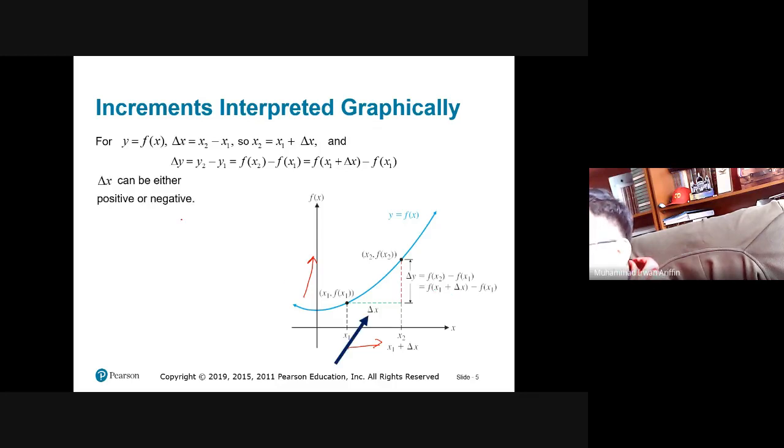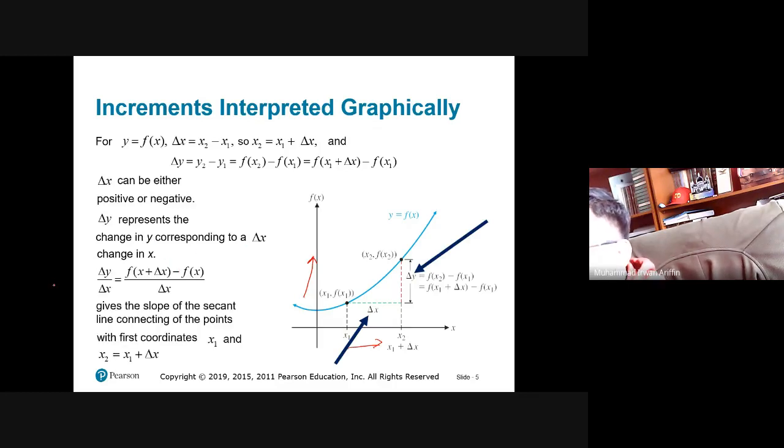Now, delta x can either be positive or negative. The change can be moving to the right or moving to the left. x can go up or down, while the change in y represents the corresponding change in y with respect to delta x, the change in x. So delta y over delta x is basically the difference quotient that we used to define the concept of derivative previously.